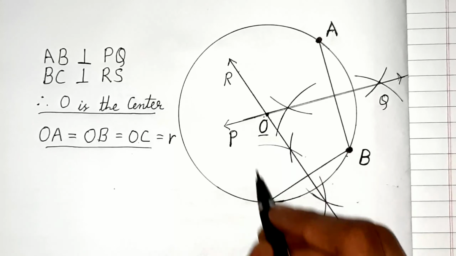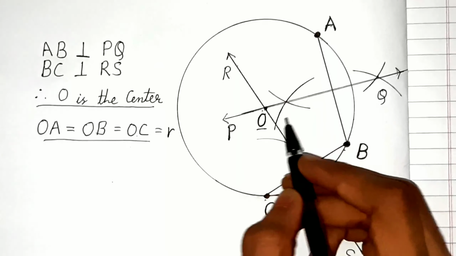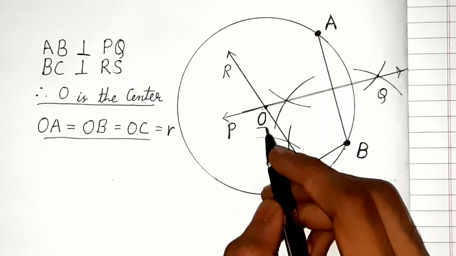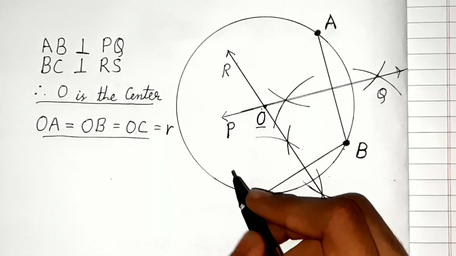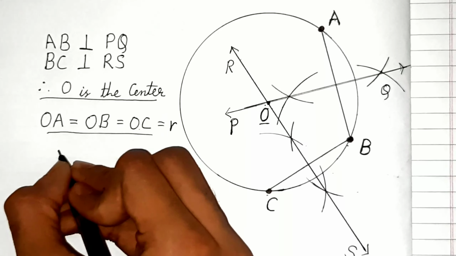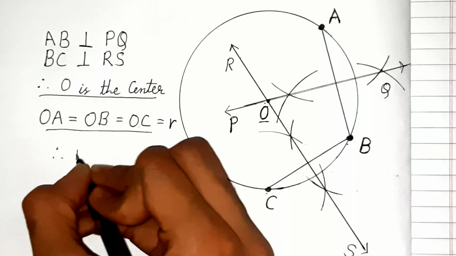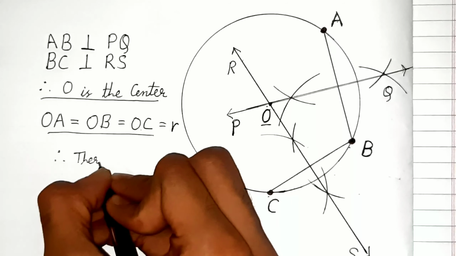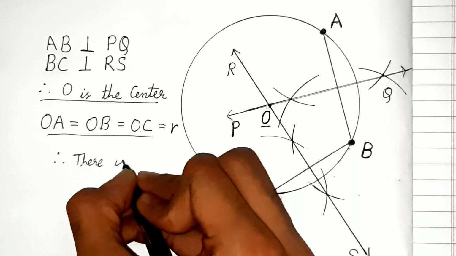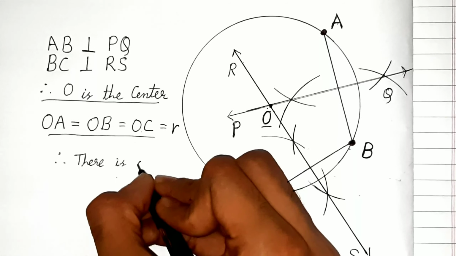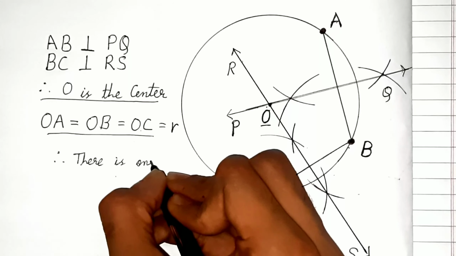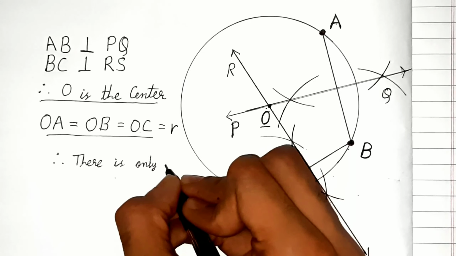And that means our radius will also be the same and we will draw a congruent circle. So therefore there are no possibilities. There is only one and only circle that can pass through 3 non-collinear points.